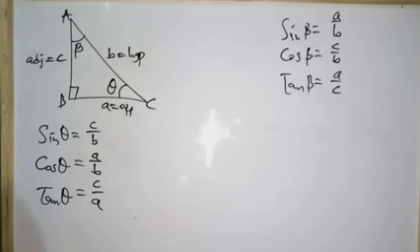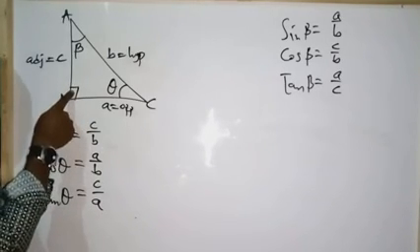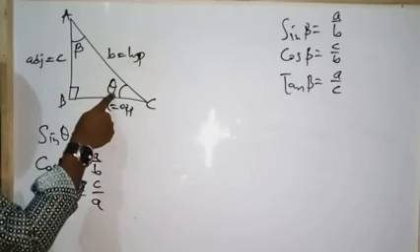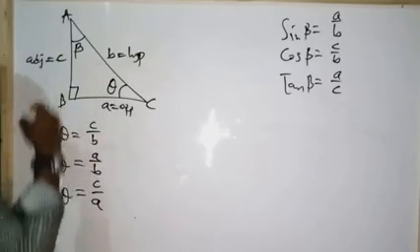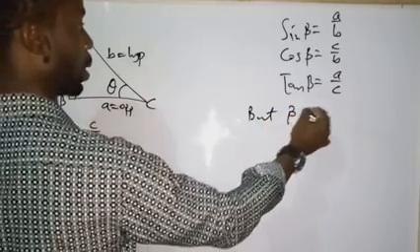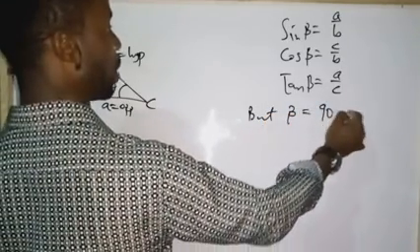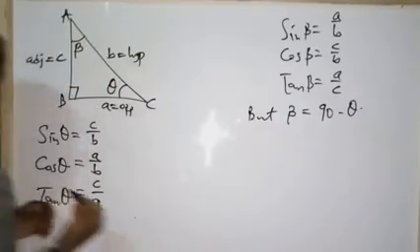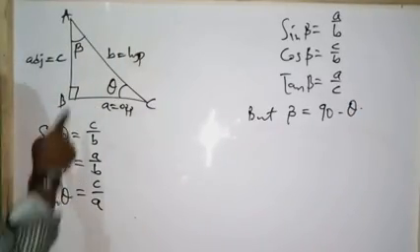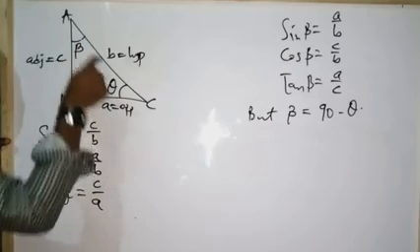Good. I want you to see something right here. If this is 90, and I call this theta, this one that I call beta should be 90 minus theta. Please check very well. If this is 90, the sum of angles in a triangle is supposed to be 180.